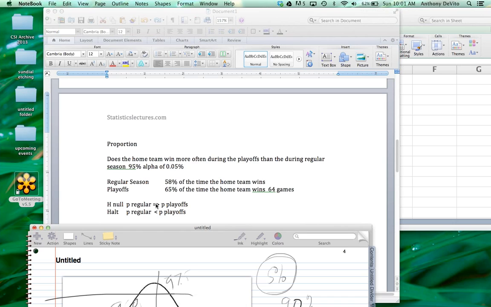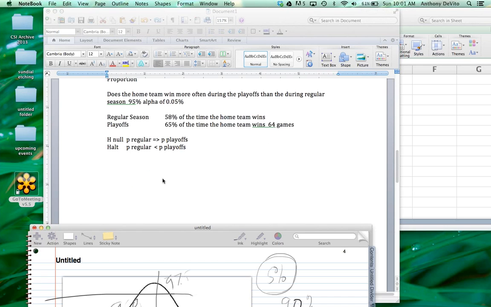If I just said equal here, I'm not covering the possibility of the percentage during the playoffs being greater than the percentage during the regular season. So I really want to cover all possibilities. If I ever say greater than in one of these, or less than, the other one is going to say equal to or the opposite, right? So it's always going to say that.